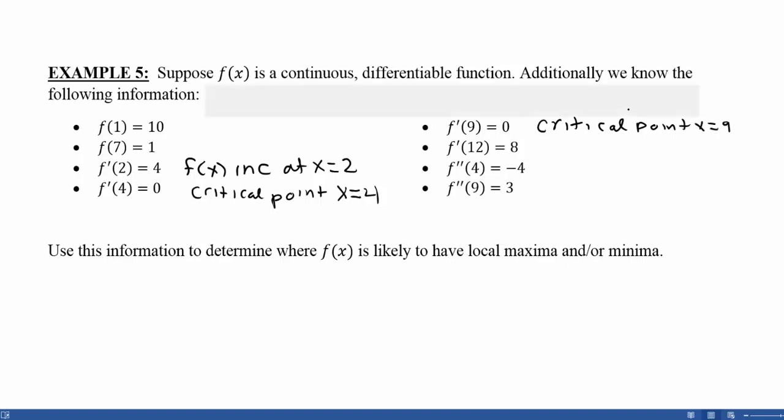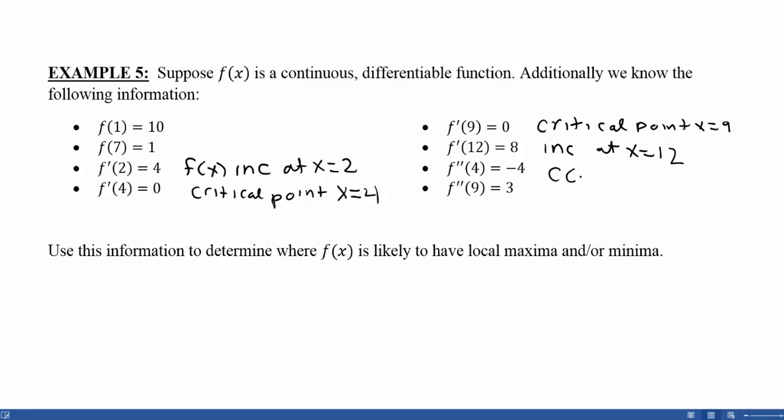Now I'm also told that the derivative at 12 equals 8, which means that my function is increasing at x equals 12. Now I have that the second derivative at 4 is negative 4. So if the second derivative at a point is negative, that means it's concave down.